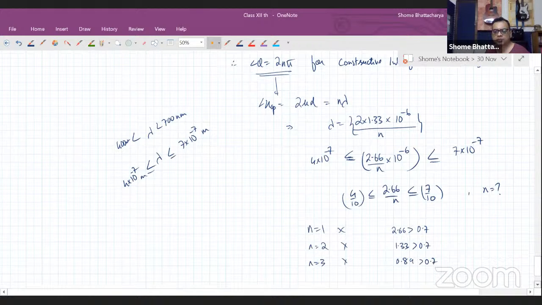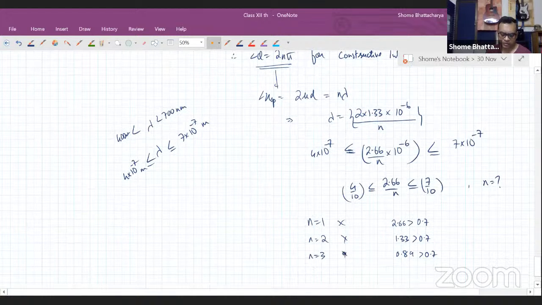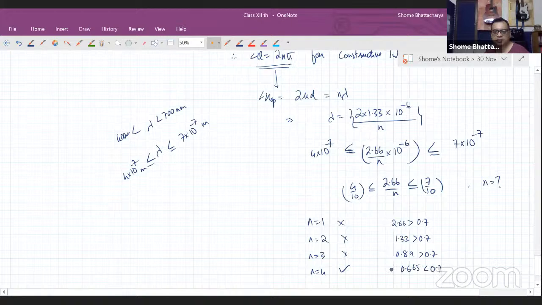But if you take n equal to 4, I think that will fit the case. Yeah, you get 0.665, which is less than 0.7 and greater than 0.4.